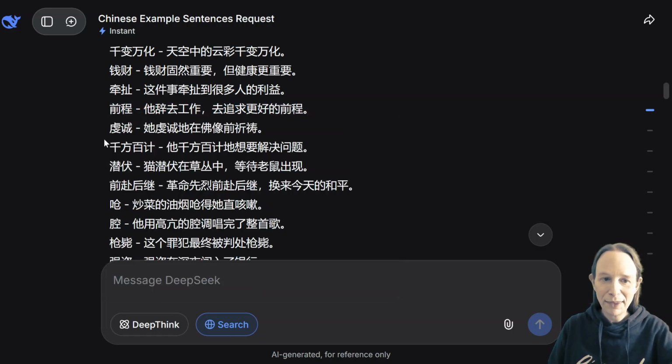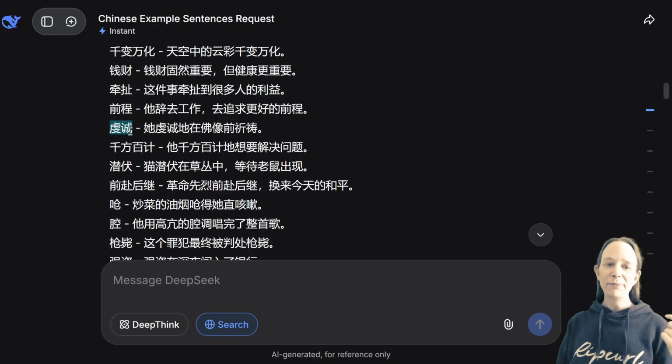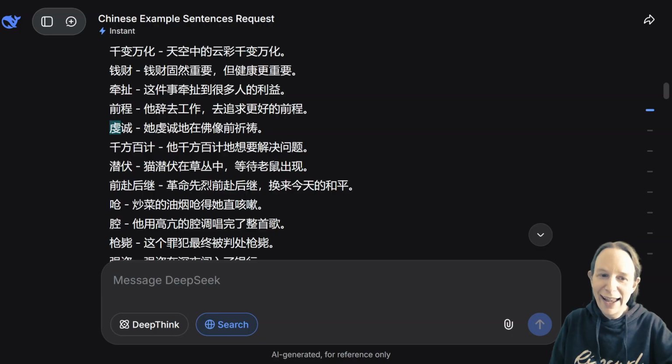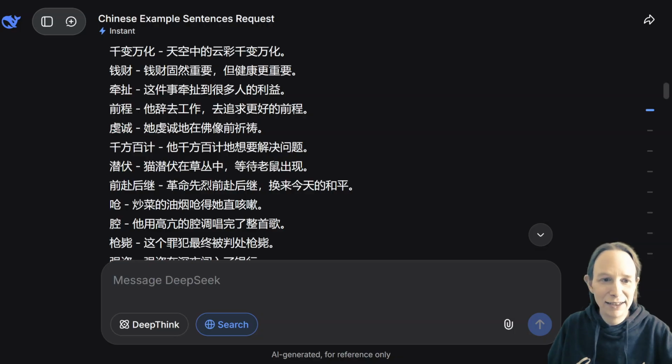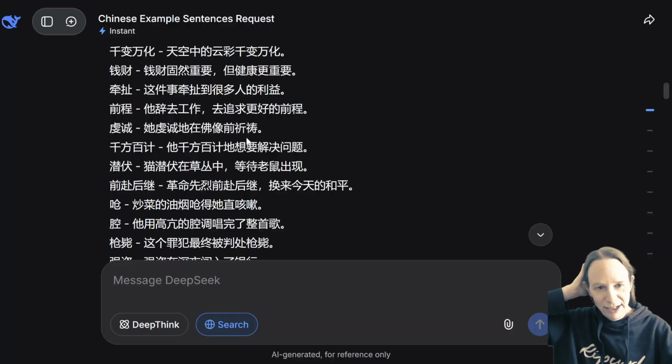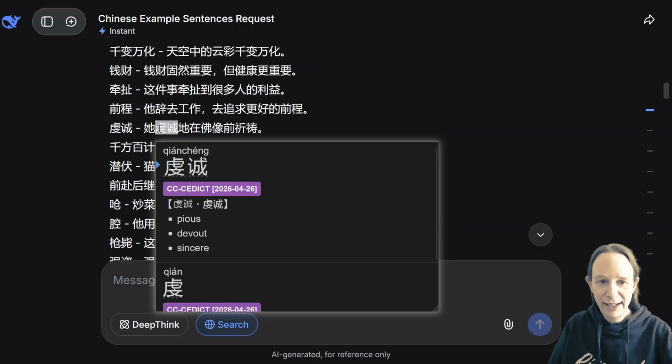In the old days, I think it still means this. But anyway. 天成. So this 天 pertains to being pious or devout in your religion. 虔诚, so I think this is just pious. 虔诚的在佛像前祈祷. So she piously prayed in front of the Buddha's statue. 虔诚, yeah. So you're devout.